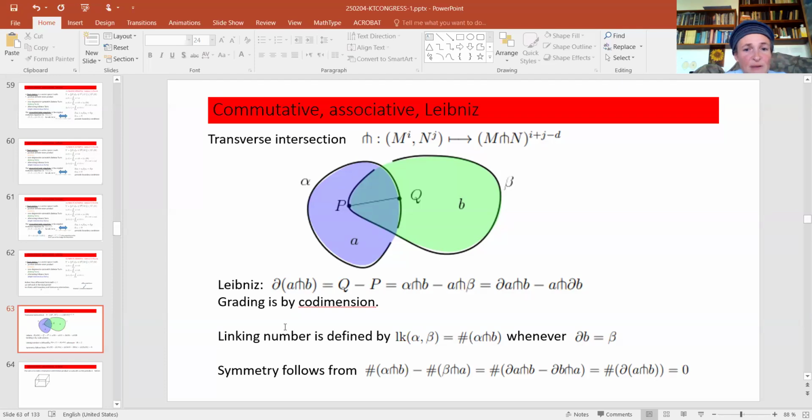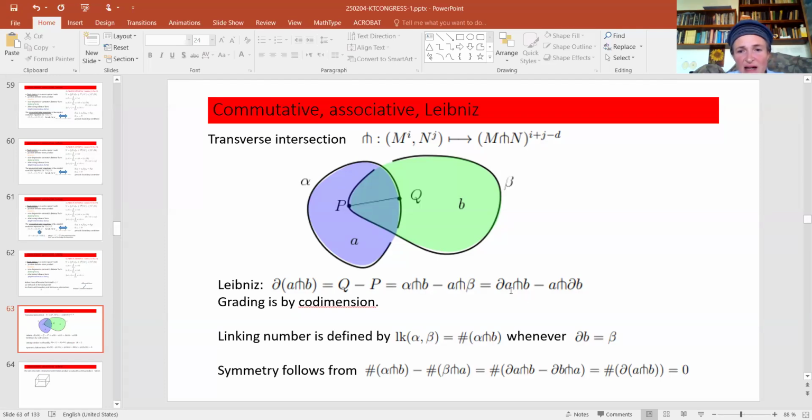Okay. The grading here is by codimension, and the linking number, well, if here you've got 1 and 1 inside 3 dimensions, then the linking number would just be counting the transverse intersection of 1 with a chain whose boundary will be beta, or the other way round.